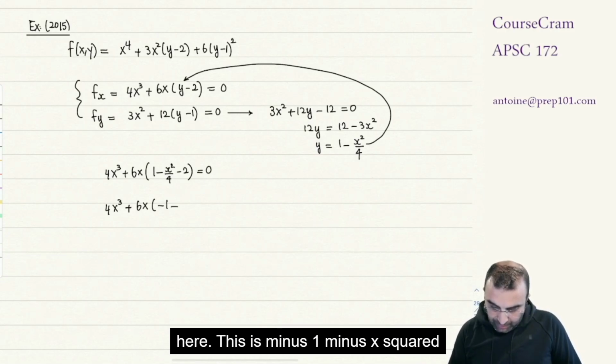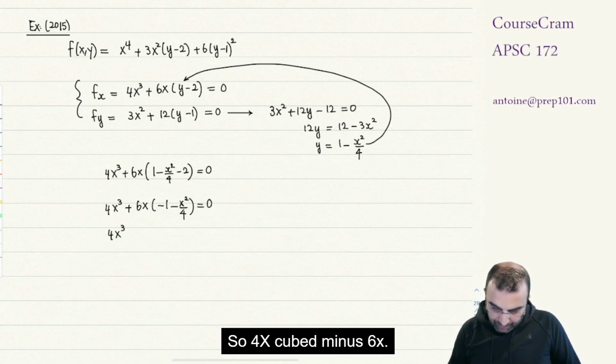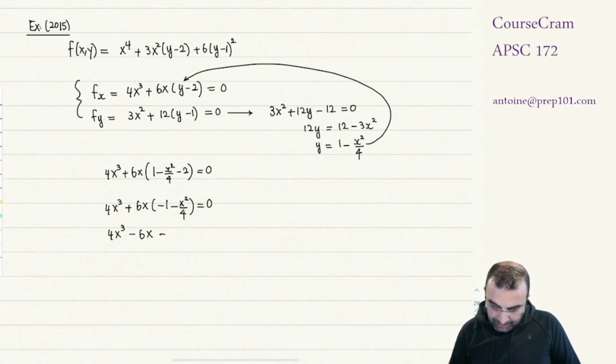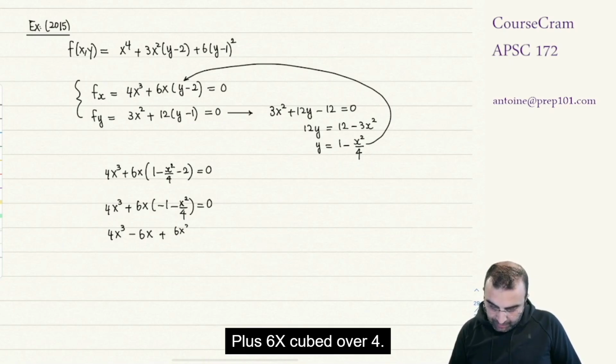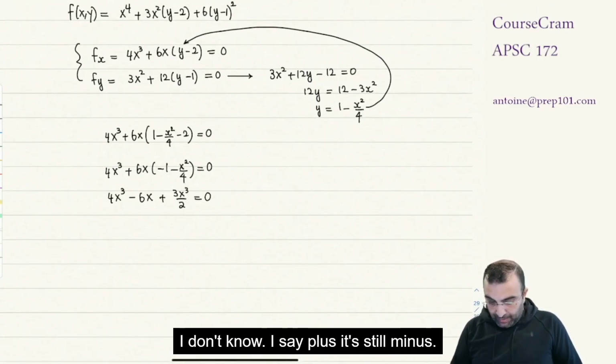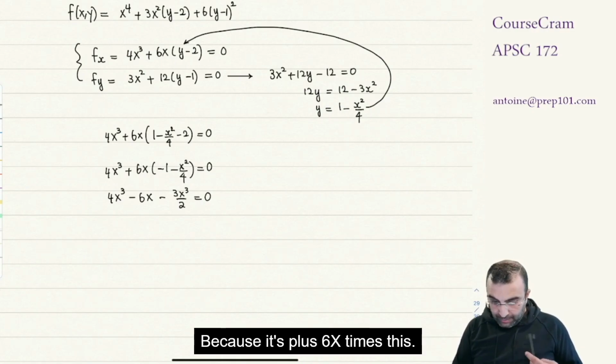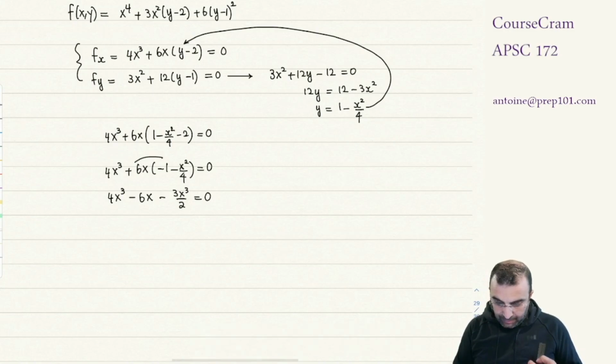This is minus 1 minus x squared over 4. So 4x cubed minus 6x plus 6x cubed over 4, so 3x cubed over 2, equals 0. I don't know why I say plus, it's still minus. Right, because it's plus 6x times this and then times this.